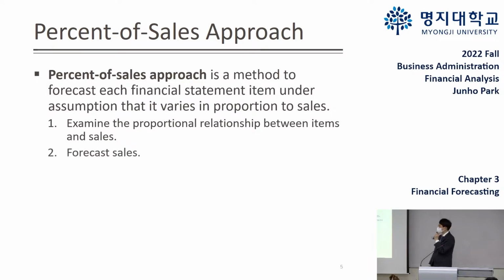And the second thing you should do is, now that you know the relationship between sales and each item, you want to know about the future sales. So you need to forecast what your sales will be in the next year, or in the year after the next year.